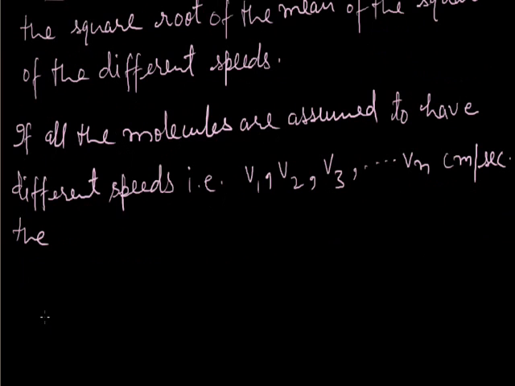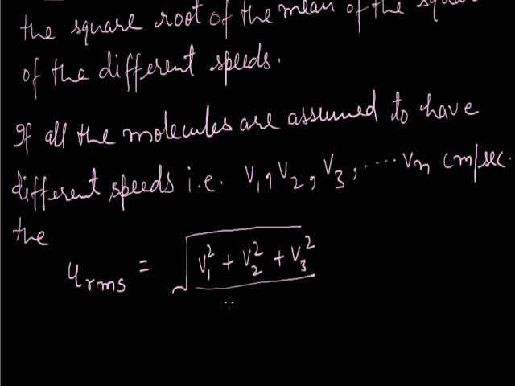Then root mean square speed is represented as u RMS equals square root of v1 square plus v2 square plus v3 square and so on, upon n.